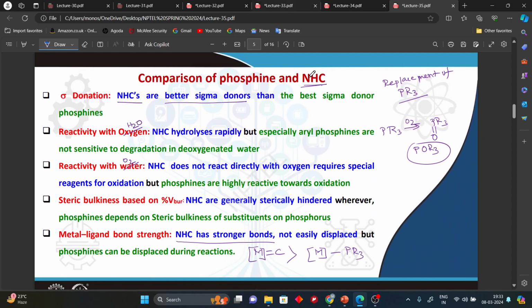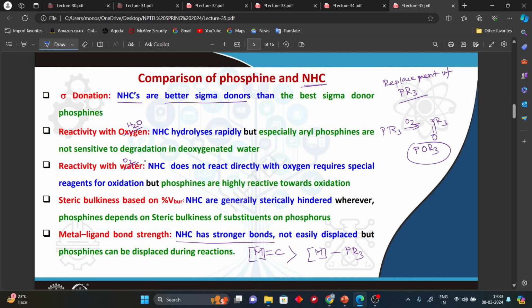Now if we compare NHC and phosphine, NHCs are better sigma donors. The best sigma donors present are NHCs in terms of sigma donation. So reactivity is mixed. NHCs hydrolyze rapidly but trialkyl phosphines are not very good.